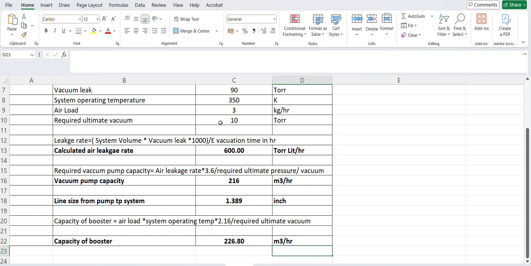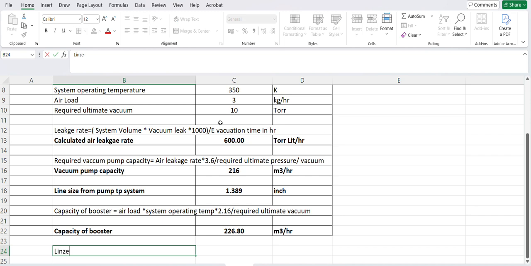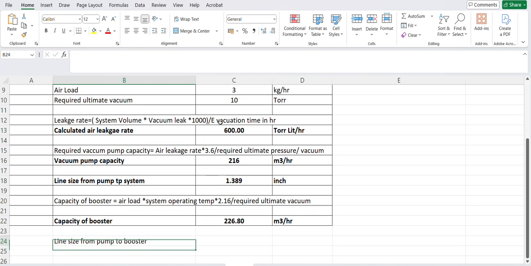Again, here we can calculate the line size from pump to booster.